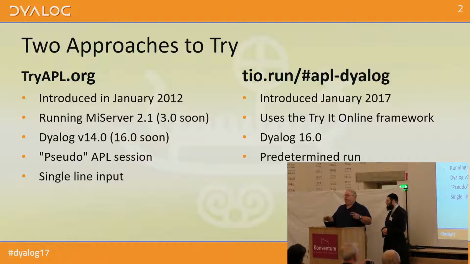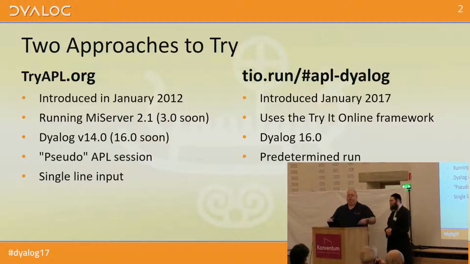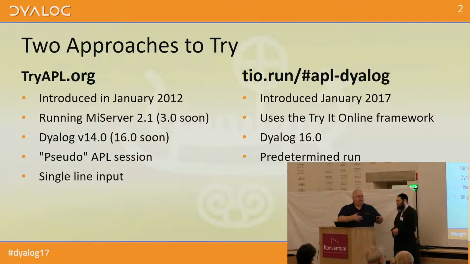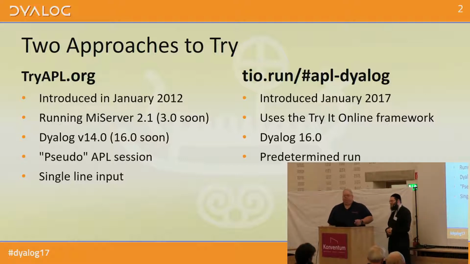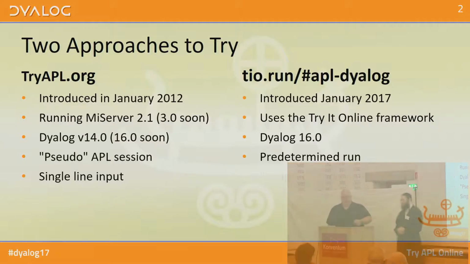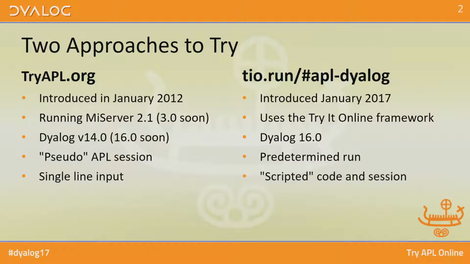With Try APL, you have a single line at a time input, which means there are no multi-line dfns, you can't define trad fns, you can't use Adam's array notation yet, but you're limited to a single line at a time input. Whereas in TIO, you basically have a scripted workspace that you start in, and then you have a scripted session.